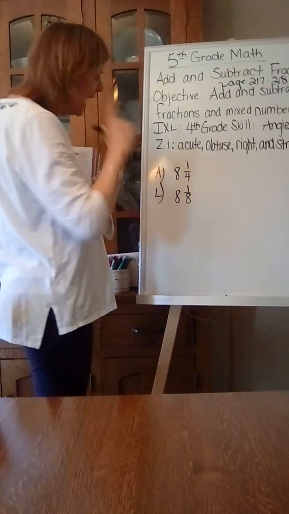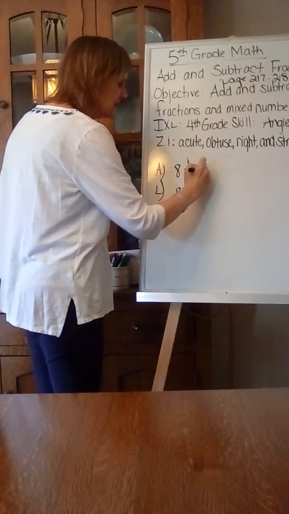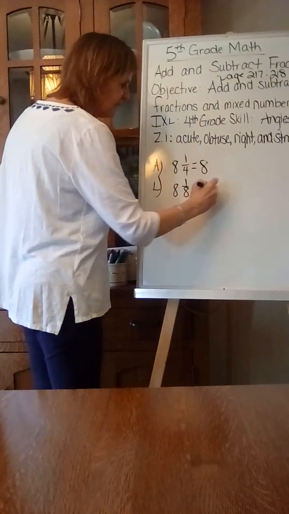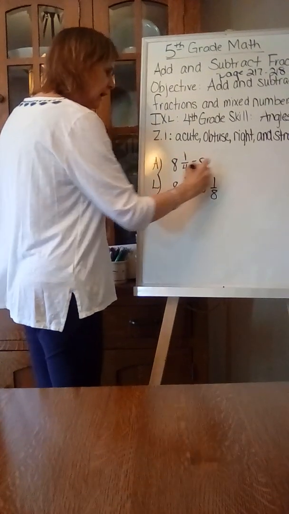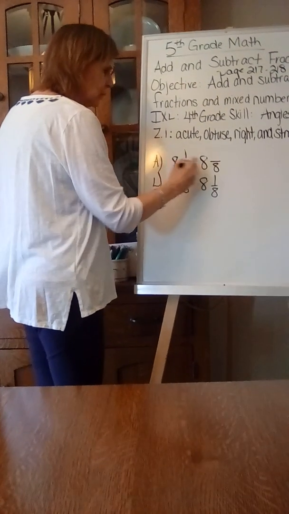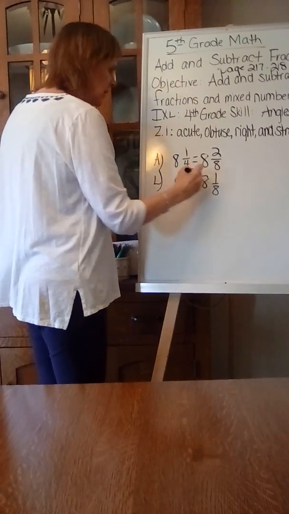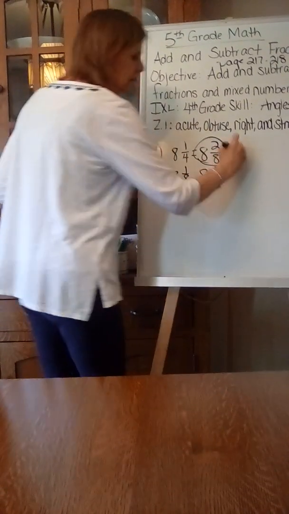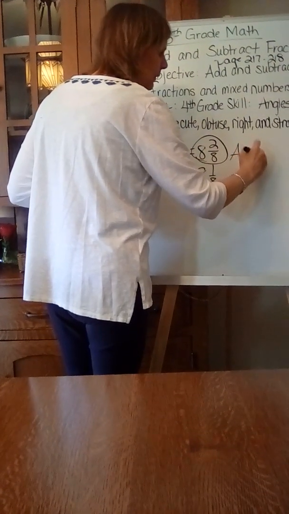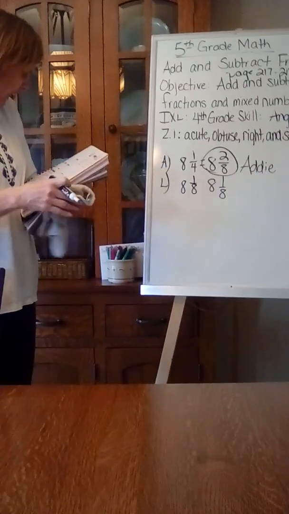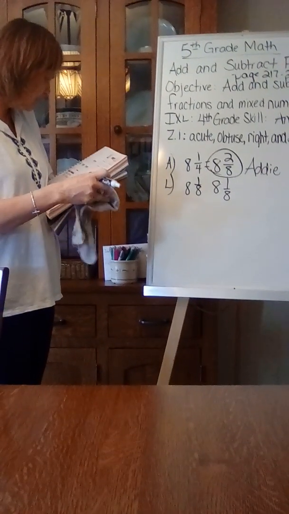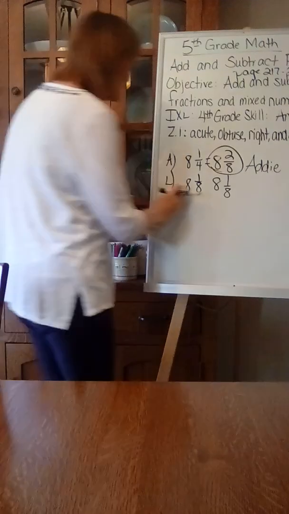To find that out, I've got to give them a common denominator. 4 is a factor of 8. Make that 8. 4 times 2 is 8, 1 times 2. So that means Addie walked farther. And then how many more laps did the girls walk than the boys?